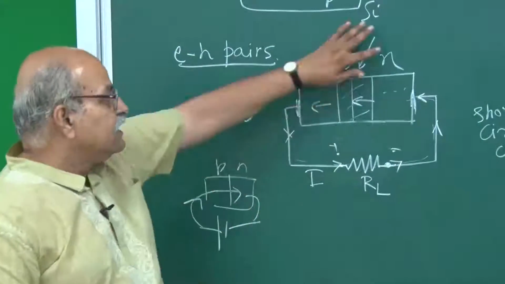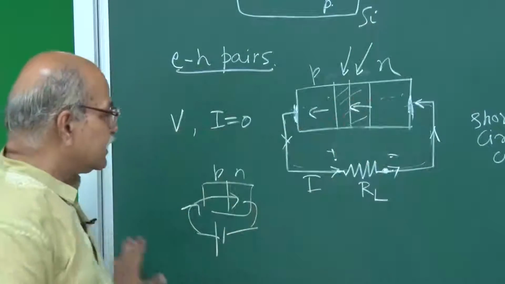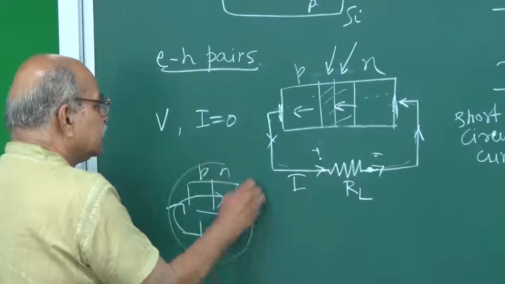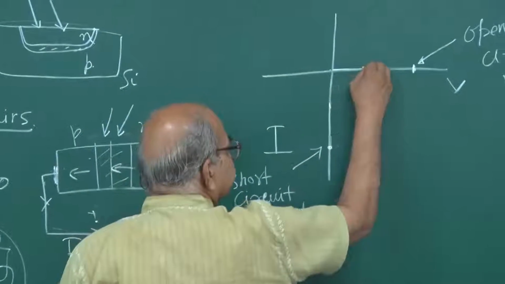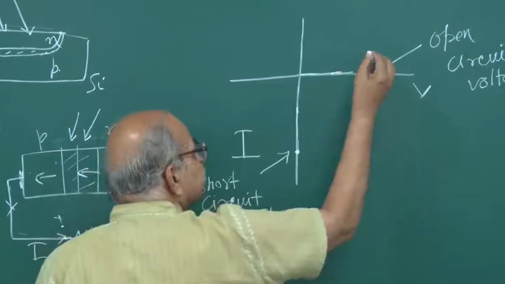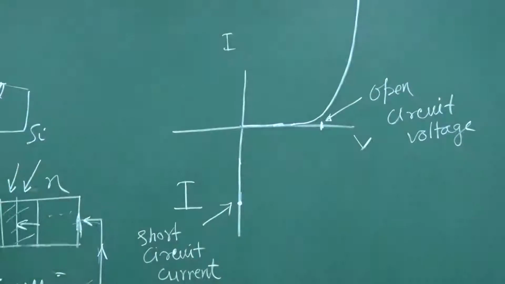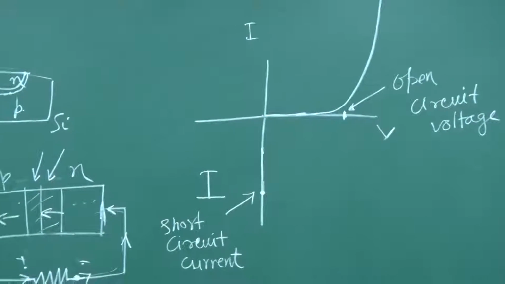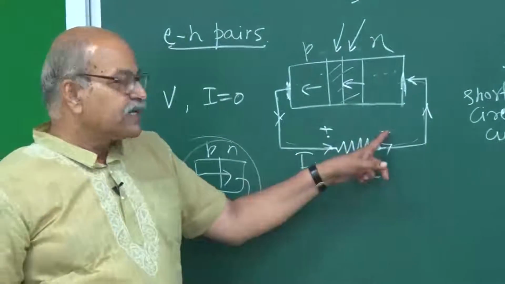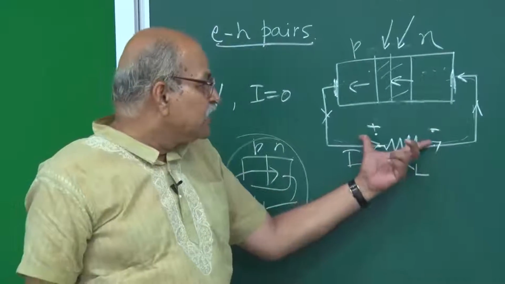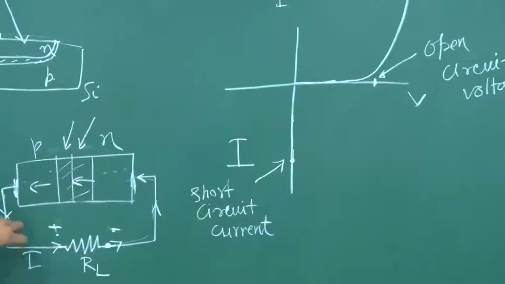If you do not have any light, what happens? If you do not have any light and you apply a voltage to a normal p-n junction, that characteristic is like this. You know that characteristic is like this for a typical diode. Now, if I am putting this RL and this side is becoming higher potential and this side is becoming lower potential, then I am doing some kind of forward biasing, and this kind of current will be superimposed on that photocurrent.